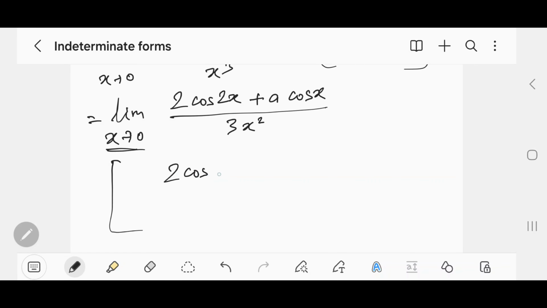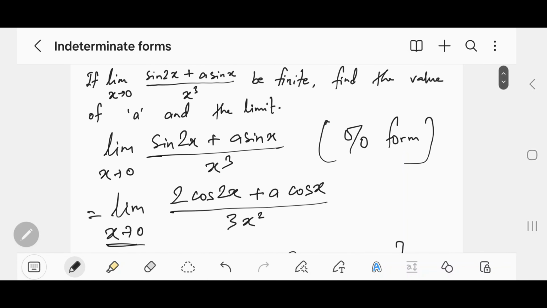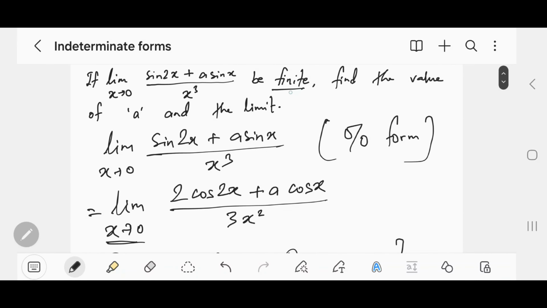It will give you 2 cos 0 plus a cos 0 by 0, which will be infinity. That means if we use x tends to 0 here, this limit will diverge. It will not exist. It will be infinite. However, our question says this limit has a finite value.